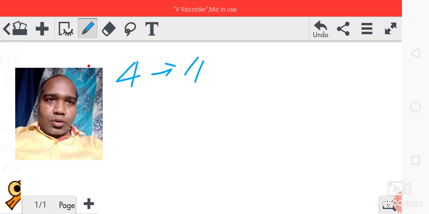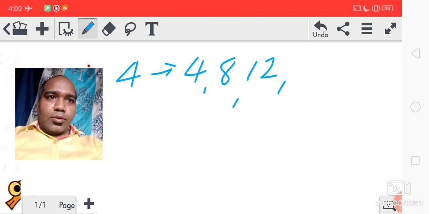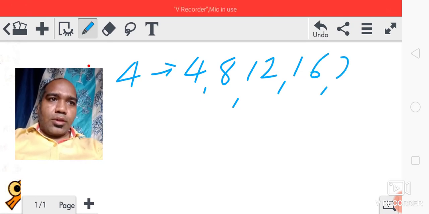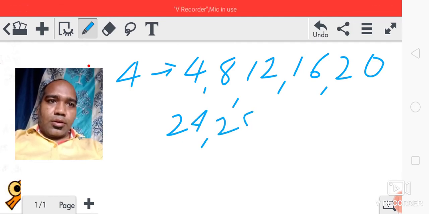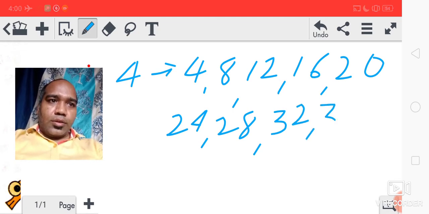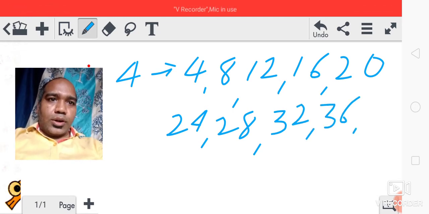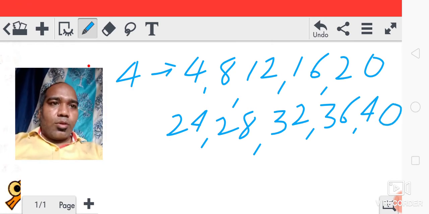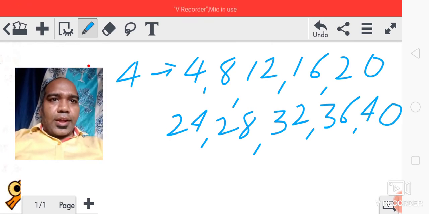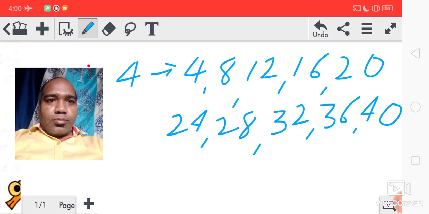So 4, 8, 12, 16, then 20, then 24, then 28, then 32, then 36, then 40. Okay, these are the multiples. Can you see? This is the table. So the table is only the multiples.